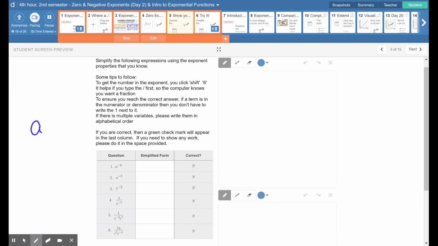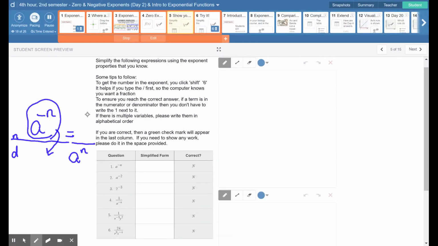So we have a to the negative n. So this a has an exponent that's negative. Technically, it's in the numerator, and we need to move it to the denominator. So when we move something to the denominator that had a negative exponent, it actually becomes a positive exponent. That's the whole point of moving it.